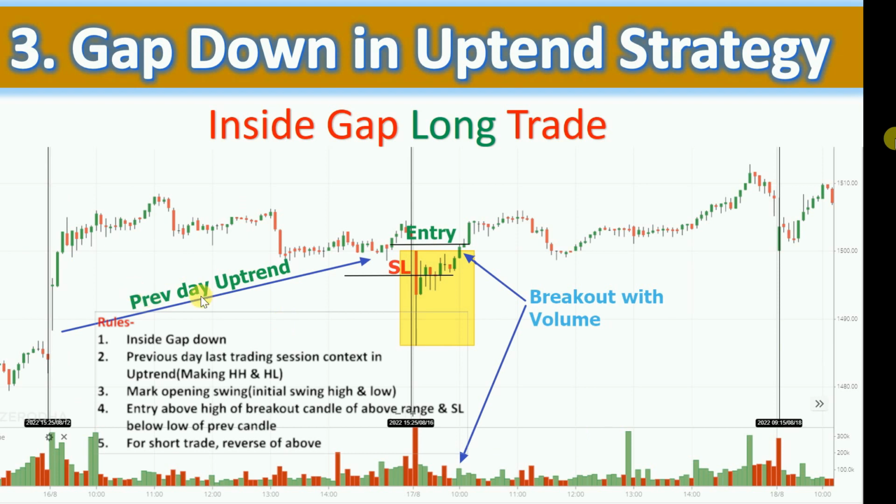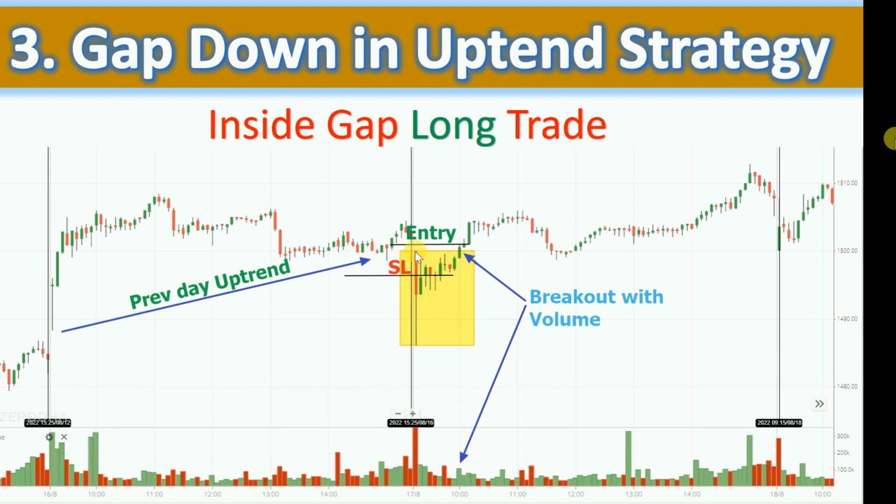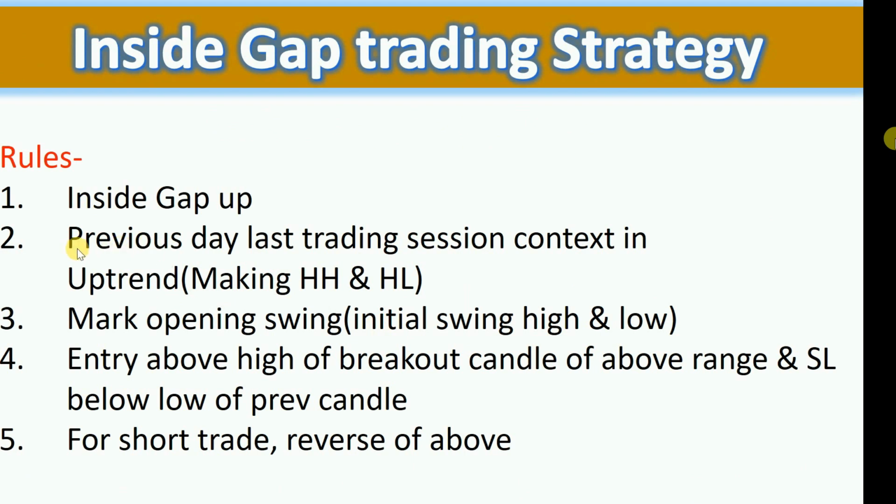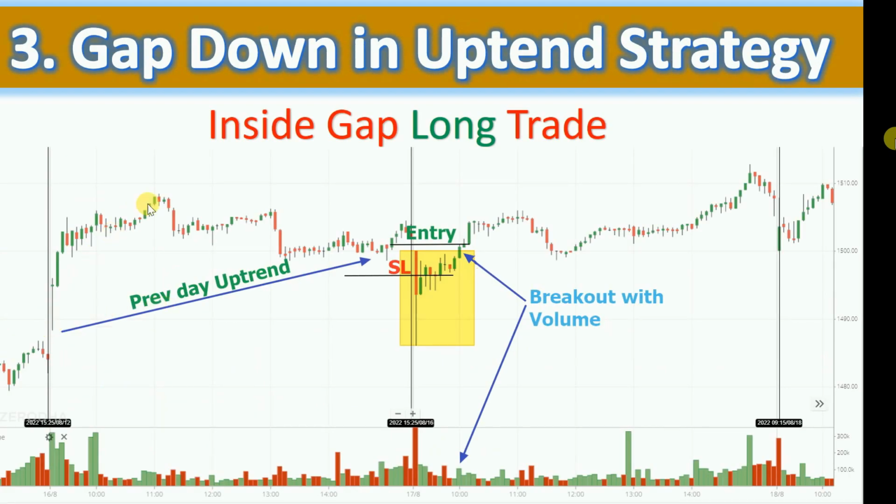So prices are gapping down in this case within the range of previous day. See over here. And what we will do, we will try to look for what happens in the previous trading session. So as you can see, prices are making higher highs, higher lows.